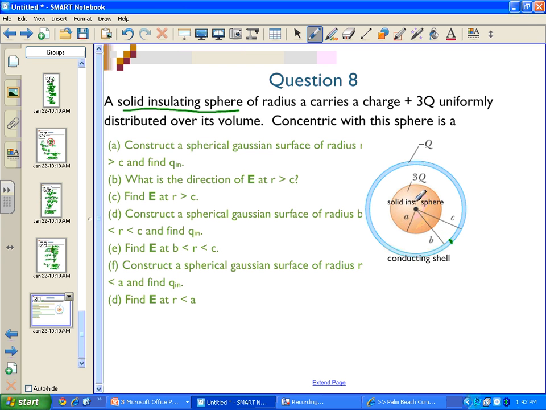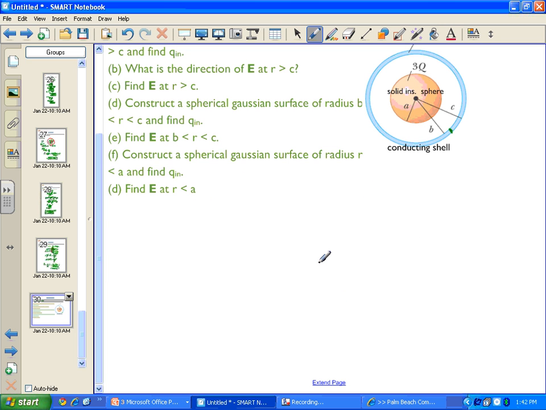And the solid insulating sphere itself has a radius a and has charge distributed over its volume. So we have two types of objects that we are going to have to be concerned with.